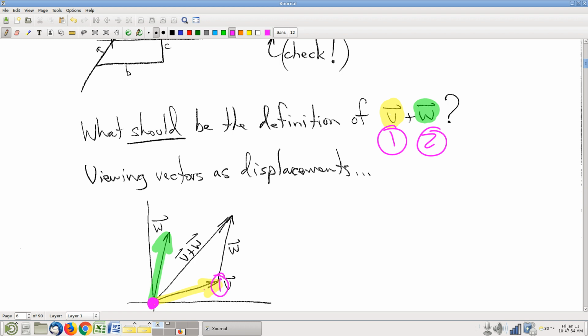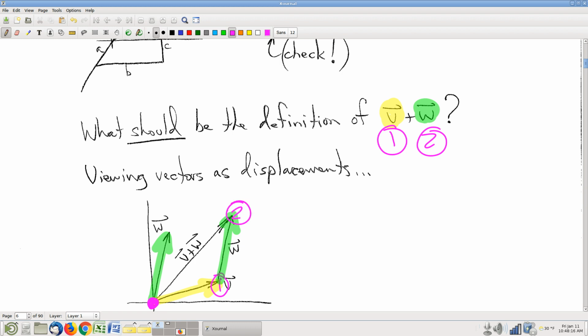And then from this point, the result of my V displacement, if I then do what W says, then altogether, grand total, you might say, I get to there.